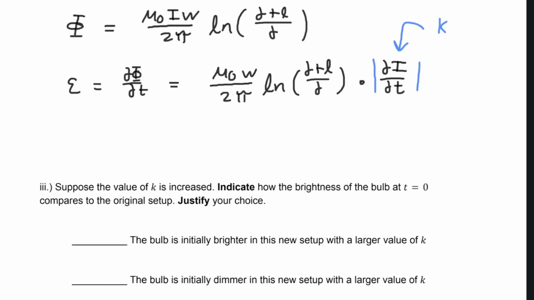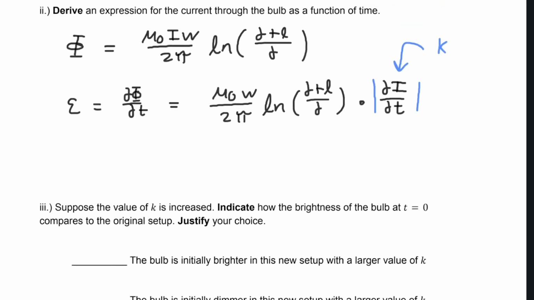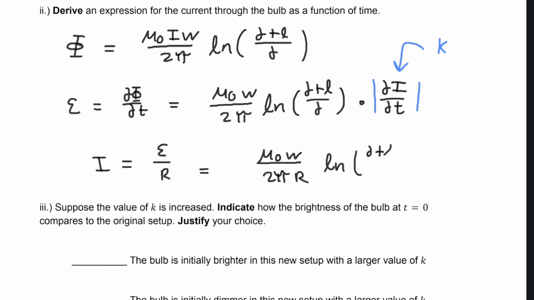And again, I'm just getting rid of all the minus signs just to make current and flux and EMF positive quantities. So the current would just be the EMF divided by the resistance, which would be mu naught W over 2 pi R times ln of (d plus L) over d times this constant k.